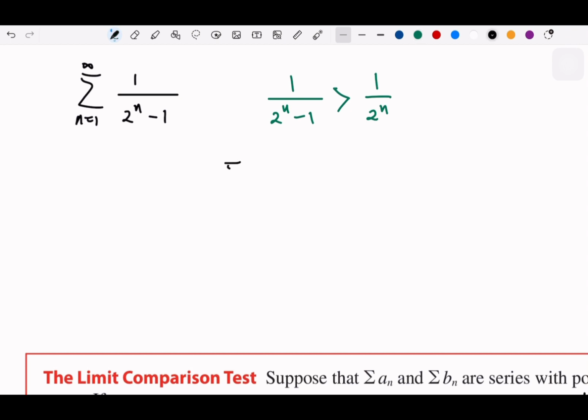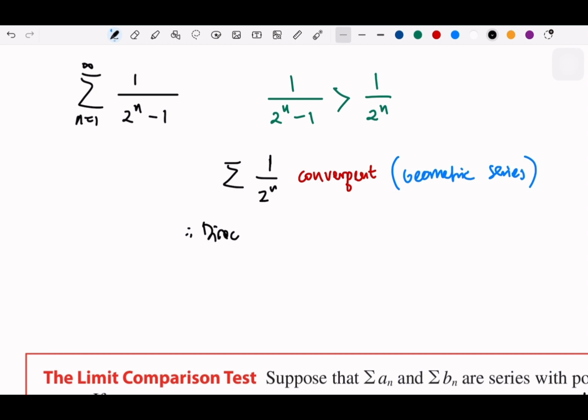So we write here that the 1/2 with power of n convergent. Let me write here is the geometric series. I will write here direct comparison test cannot be applied.